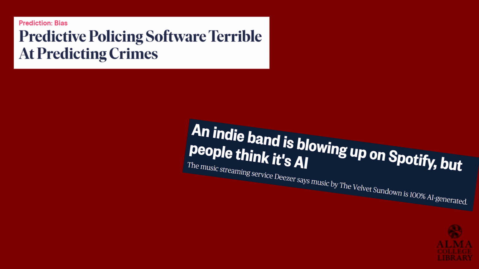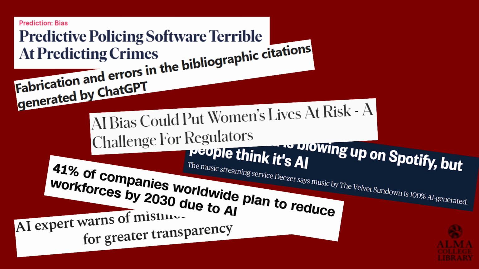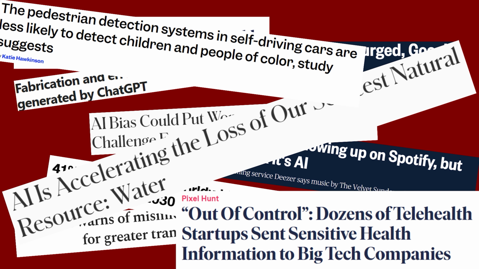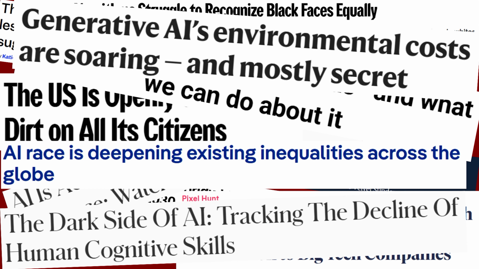Take a look at these real headlines. As you can see, generative AI can perpetuate bias and stereotypes, fabricate false information, contribute to human skill loss and unemployment, compromise your privacy, and it has negative impacts on the environment.